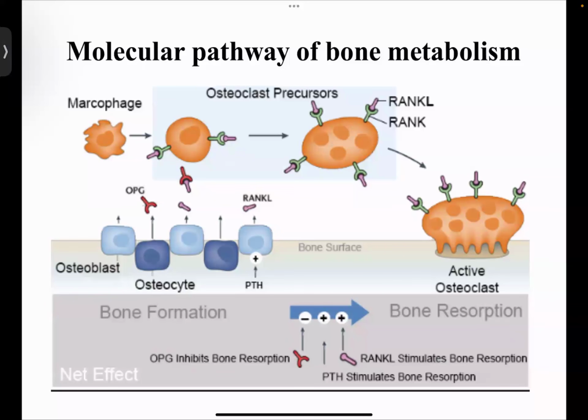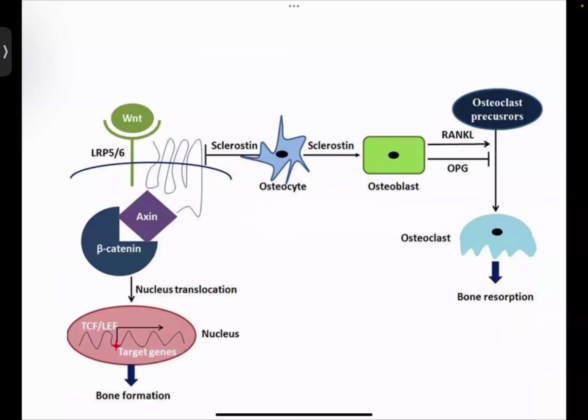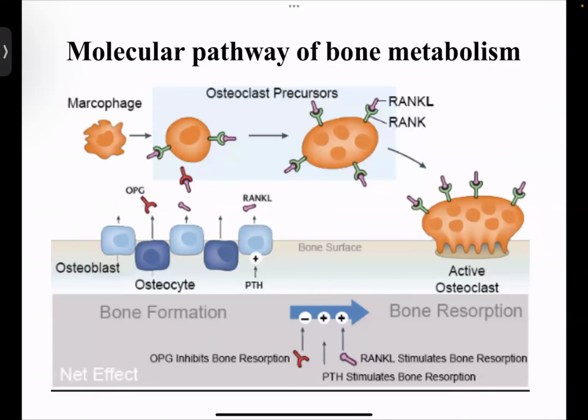This same thing is counteracted by the osteoblast, which releases osteoprotegerin, or OPG, that blocks the RANK ligand from attaching to RANK on the osteoclast, and that prevents bone resorption and helps in bone formation. So RANK and RANK ligand stimulate bone resorption, and OPG, or osteoprotegerin, inhibits bone resorption.